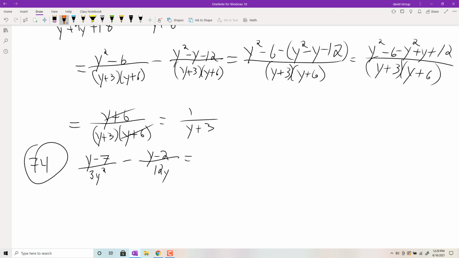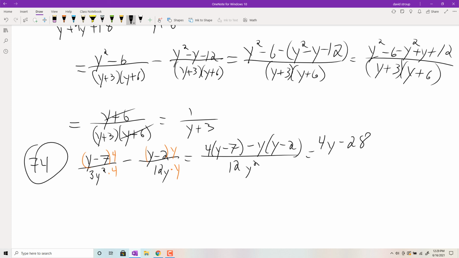So the second fraction is missing a factor of y in top and bottom. The first fraction then is missing a factor of 4. So going top and bottom, we have 4. So we'll have, at the end of the day, 4 times y minus 7 minus y times y minus 2 in the numerator all over 12y squared. So 4y minus 28 minus y squared plus 2y all over 12y squared.